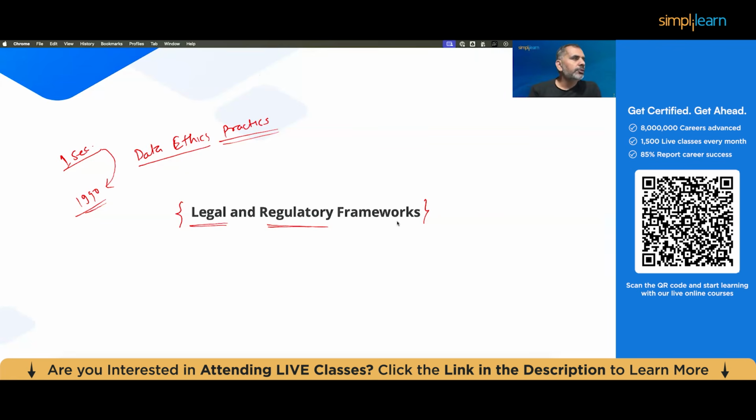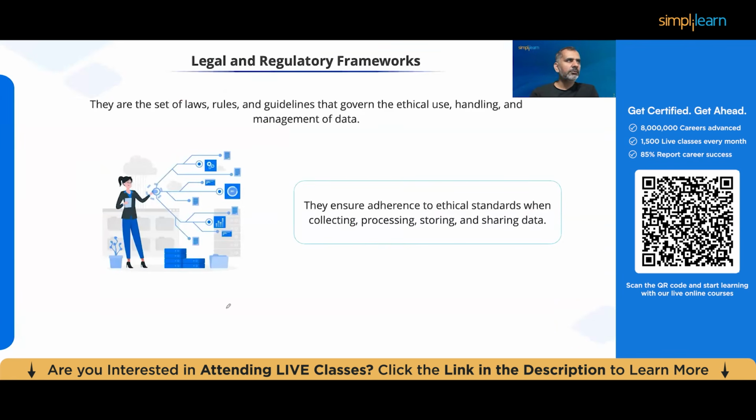Let's start with the legal and regulatory framework under data ethics. First of all, let us see what these are. You can simply define them as a set of laws and rules whose basic objective is to govern ethical data practices.